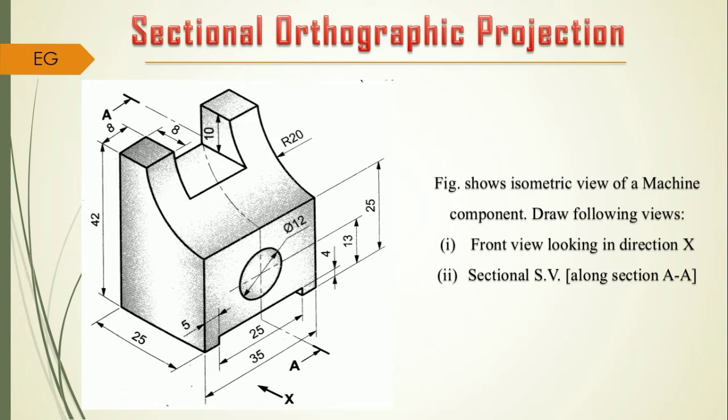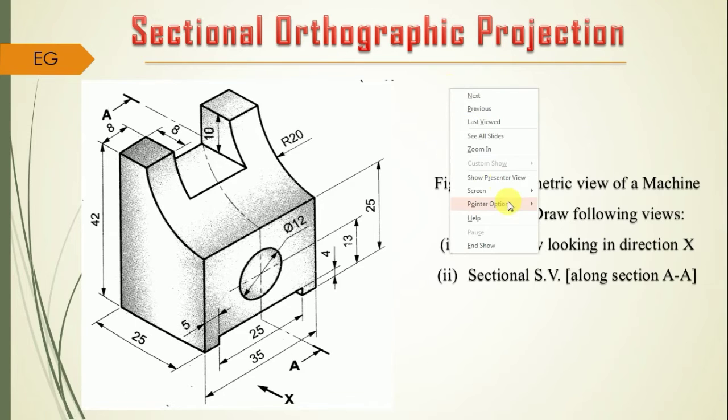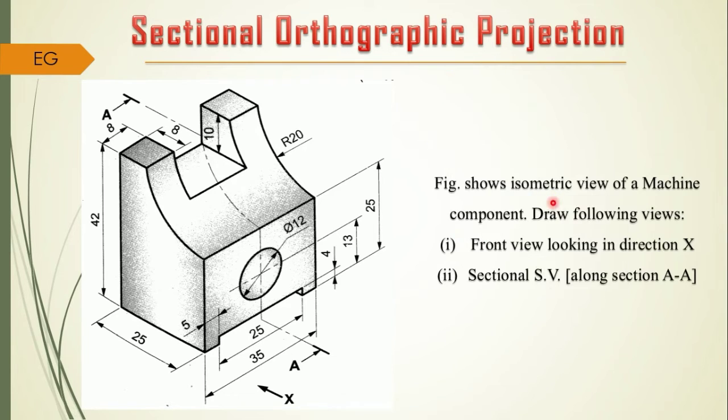Here you have a problem statement on sectional orthographic projection. This figure shows an isometric view of a machine component, and we have to draw the following views. The first is the front view looking in direction X, which is the position of the observer, to construct the front view.